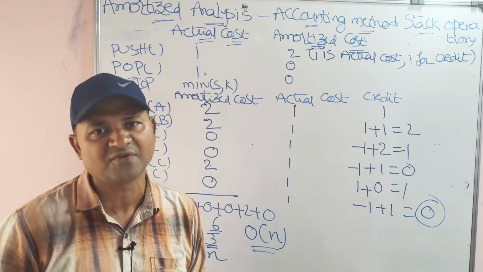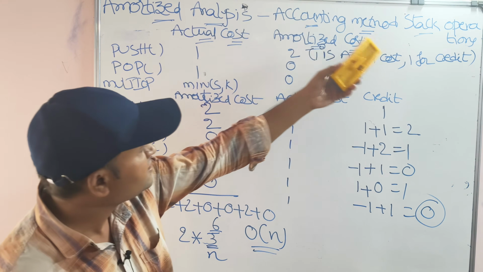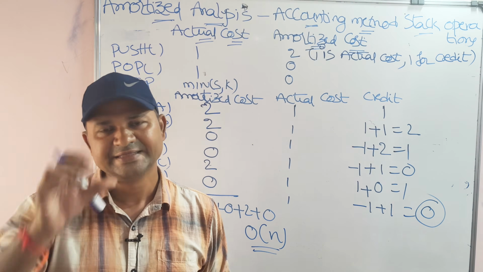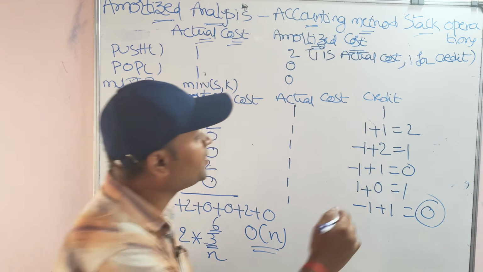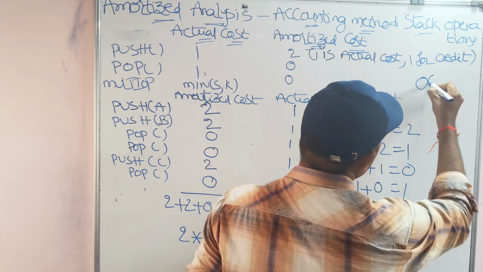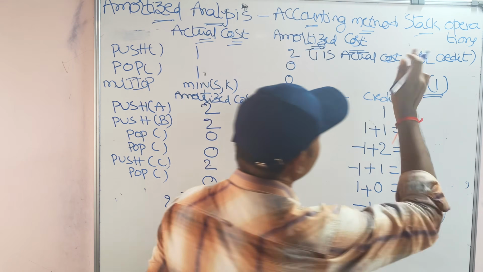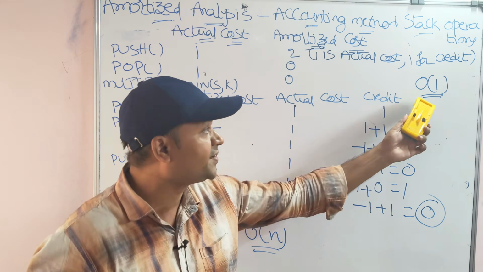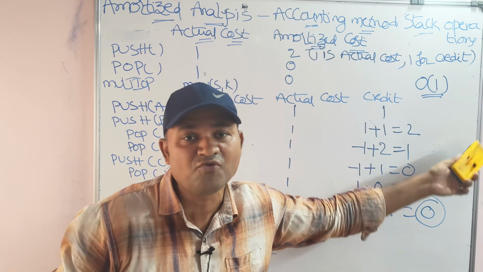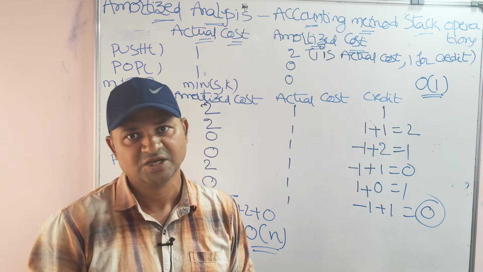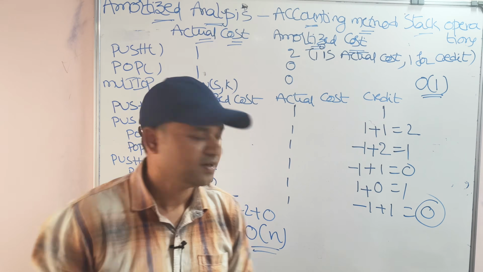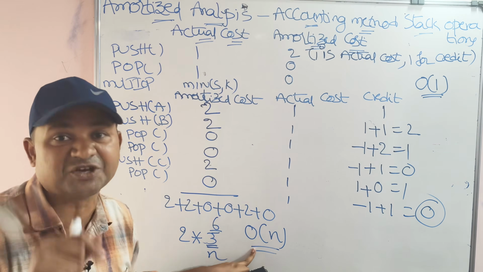Previously we have seen stack operations with which method? Aggregate method. Their amortized cost is order of 1. So if we use the aggregate method using stack operations, the amortized cost is order of 1. But this order of 1 is per each operation. But here this is not per each operation.